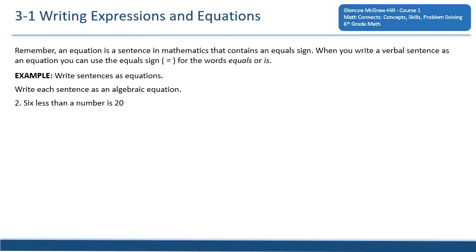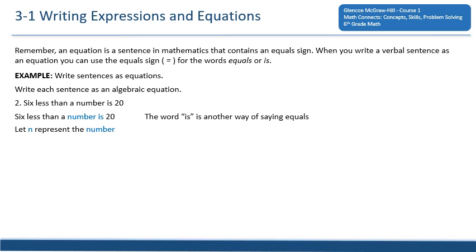So less tells us it's going to be subtraction. The word is is another way of saying equals. We're going to let n represent the number. n minus 6 equals 20.